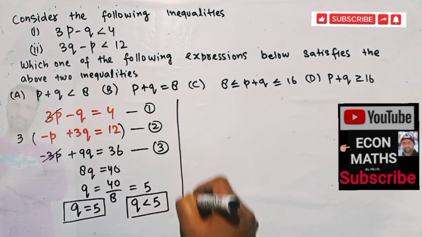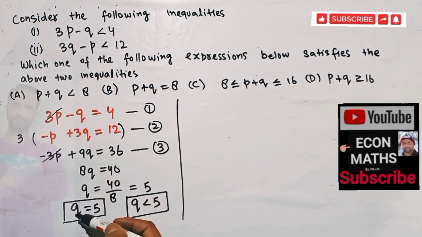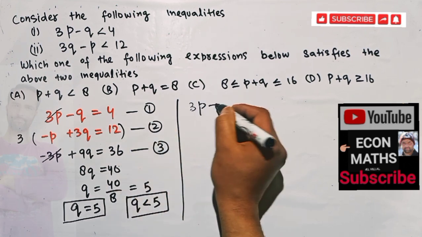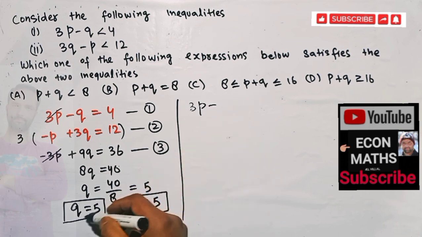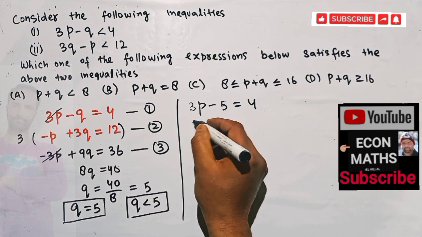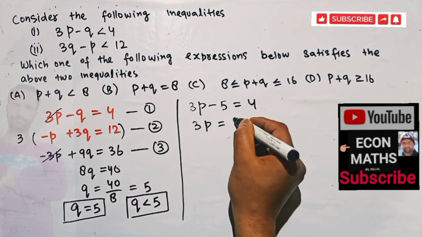Similarly, to find the value of p, just plug q is equal to 5 in equation first. So 3p minus the value of q, which is 5 here, is equal to 4, which means 3p is equal to 4.